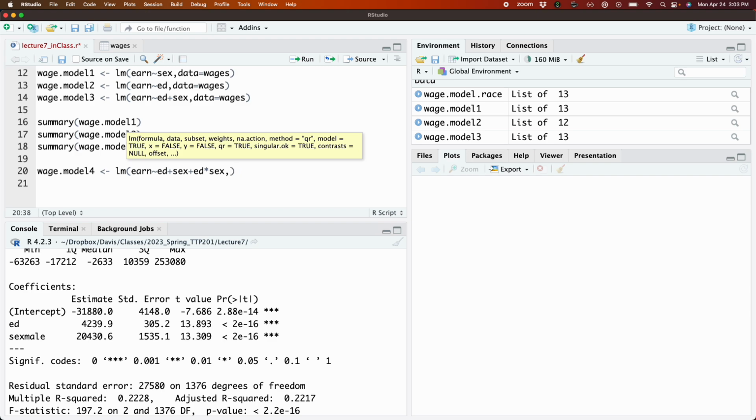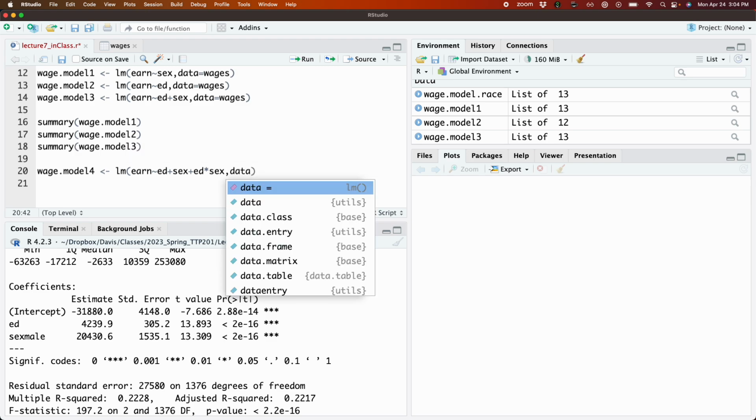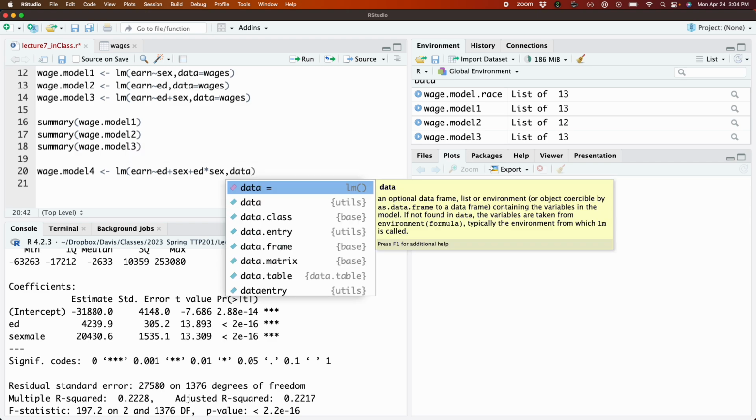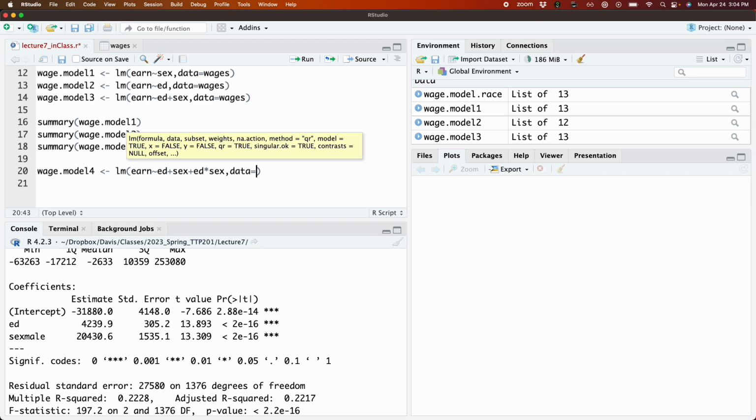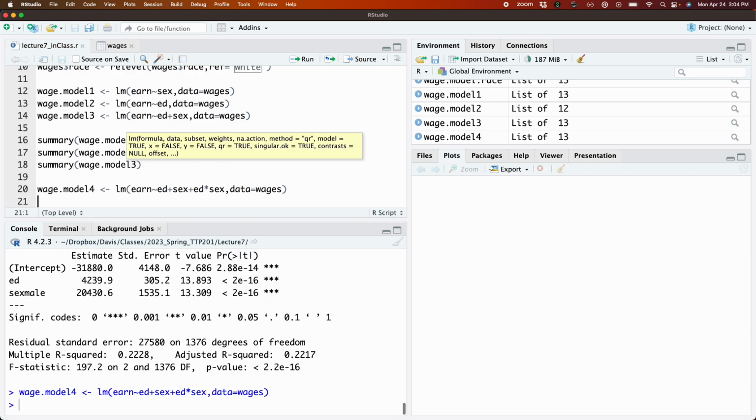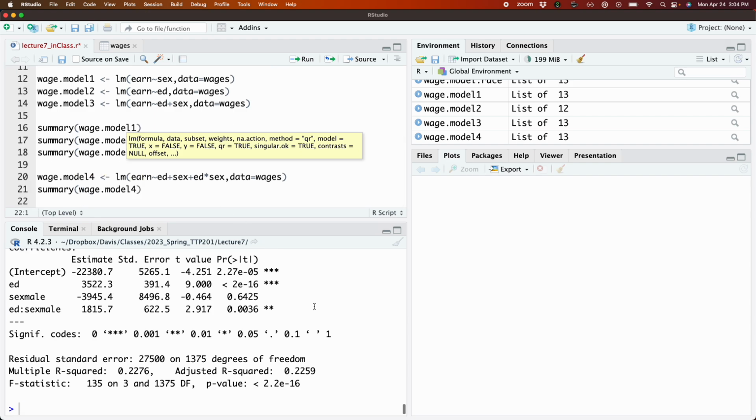This is one of the ways that you can indicate an interaction variable, just multiplying the variables together.